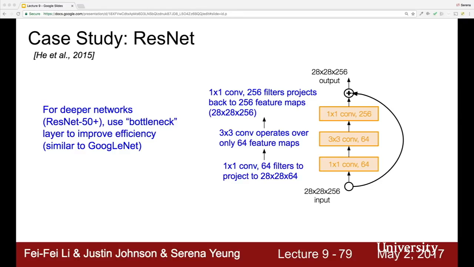It's projecting the depth down. We get 28 by 28 by 64. Now your 3 by 3 conv, and here they only have one, is operating over this reduced depth, so it's going to be less expensive. And then afterwards, they have another 1-by-1 conv that projects the depth back up to 256. And so this is the actual block that you'll see in deeper networks.